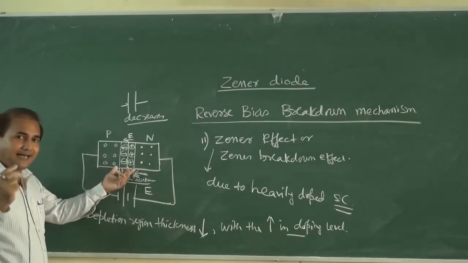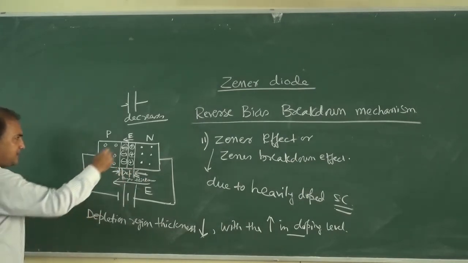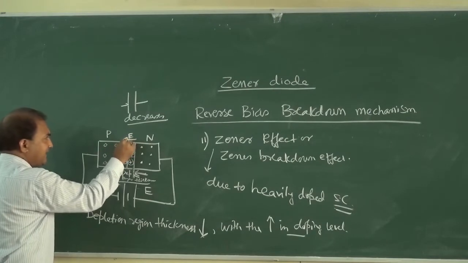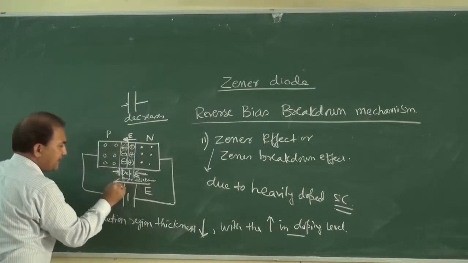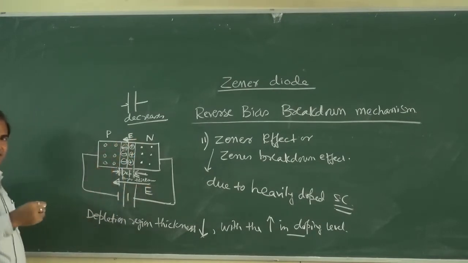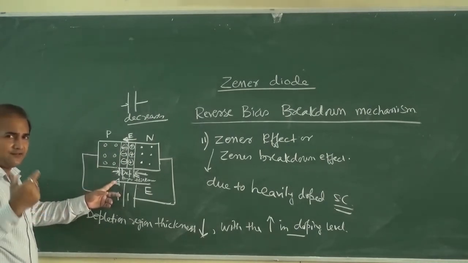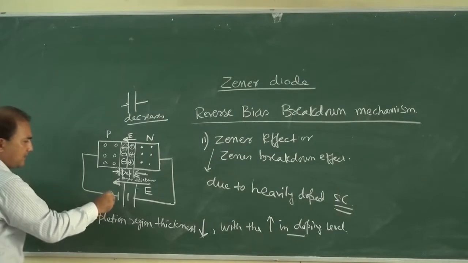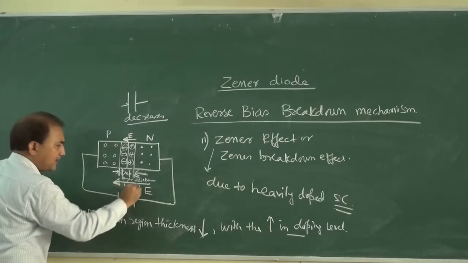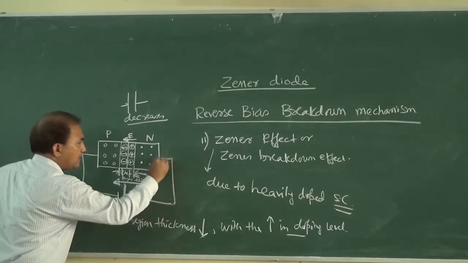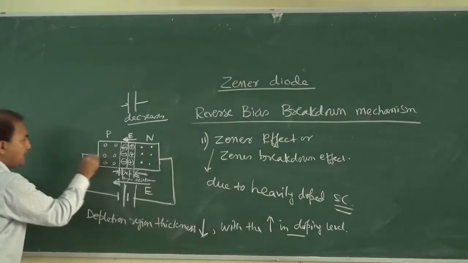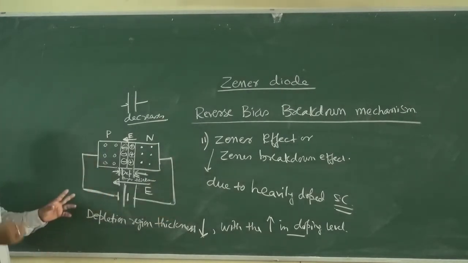With the decrease in thickness, a very high electric field is observed, and the direction of this electric field and the other are both in the same direction. So a very high electric field is created when reverse bias condition is achieved.